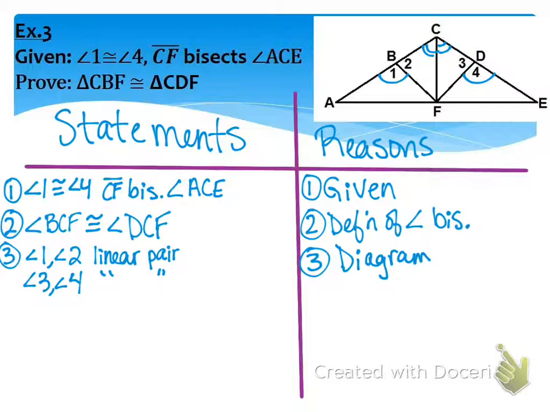Now, because we know they're linear pairs, then we can go with what Majay said about knowing that they are supplementary. So angle 1, angle 2 are supplementary. Angle 3, angle 4 are supplementary.